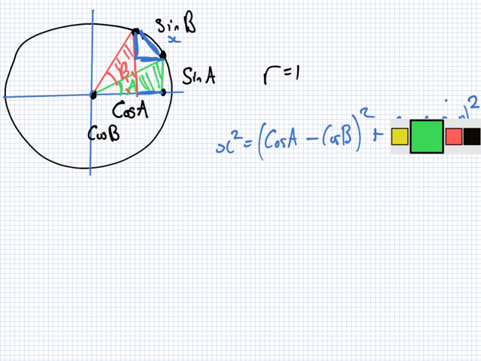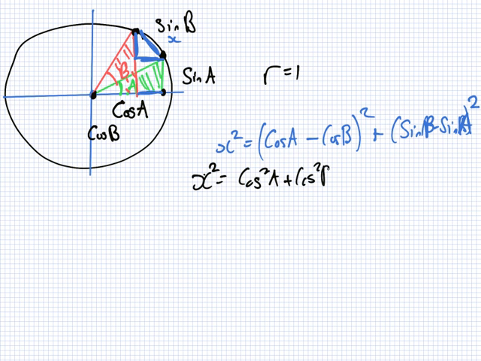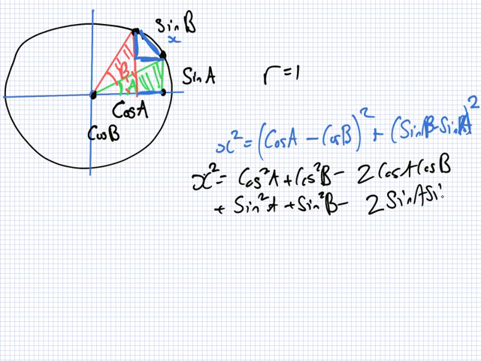Right, so if I expand that, x squared equals... Okay, well it doesn't matter actually, because when I expand it I'll get the same thing. But I'll change it anyways, thank you. So that would be cos squared A plus cos squared B minus 2 cos A cos B, and then plus sine squared A plus sine squared B minus 2 sine A sine B. But what's cos squared plus sine squared? 1.